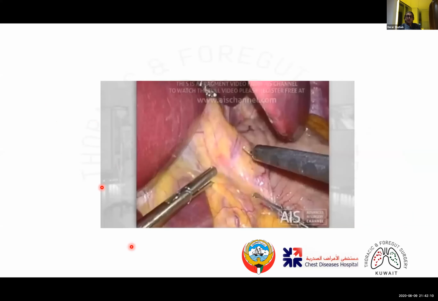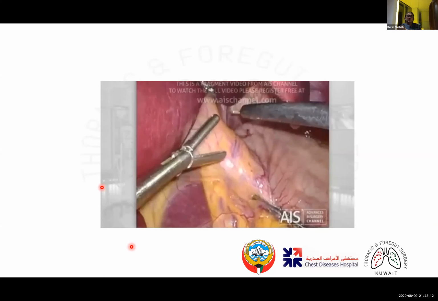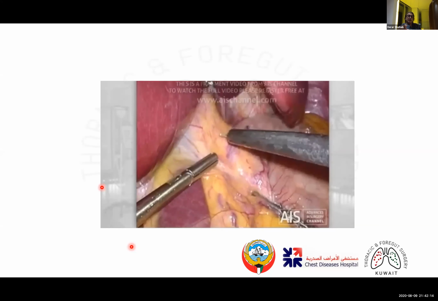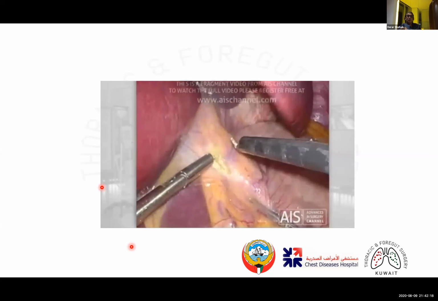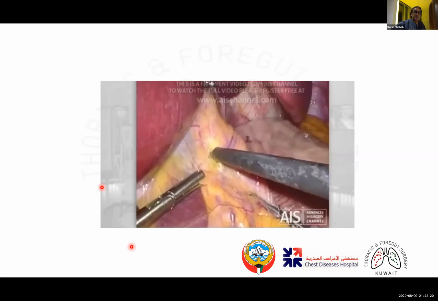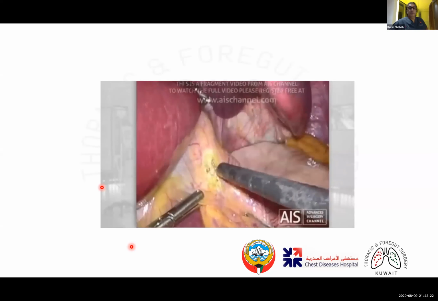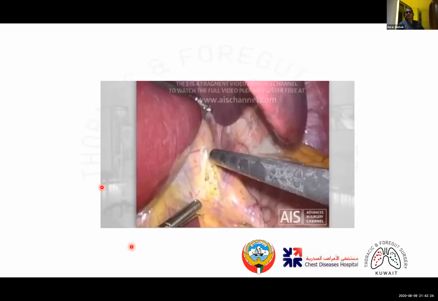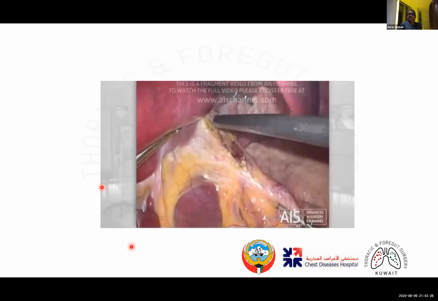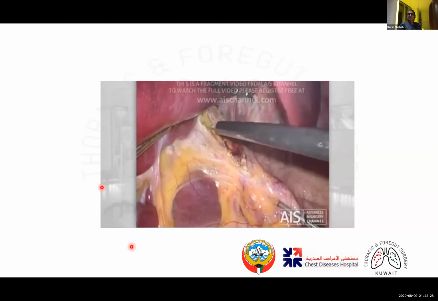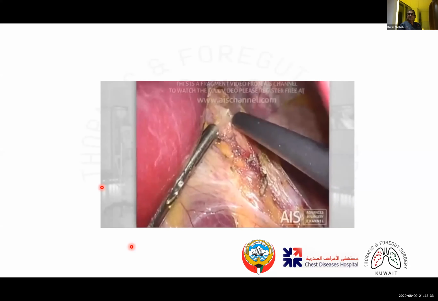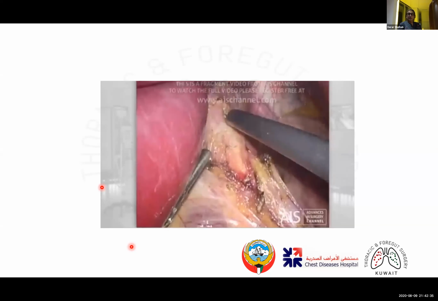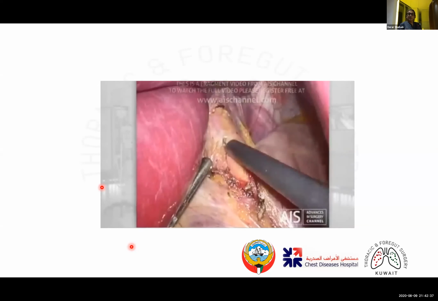So usually during Heller's myotomy, we don't need a lot of mobilization. But once you identify the esophagus, you start to open up the layer above the esophagus and start cutting the muscle until you get the submucosa bulging out.